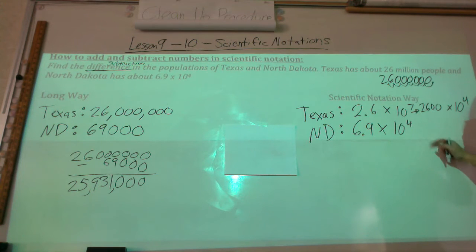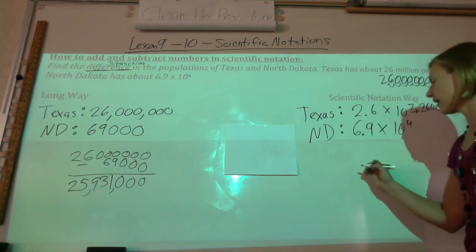So it's going to look like that. And notice I only moved it 3 times. So it was here, it went 1, 2, 3. Okay? So again, since I made 7 into 4, which is 3 smaller, I had to make our initial number 3 bigger. And we'll keep North Dakota the way it is.